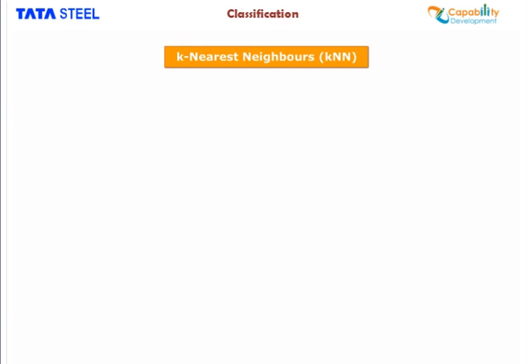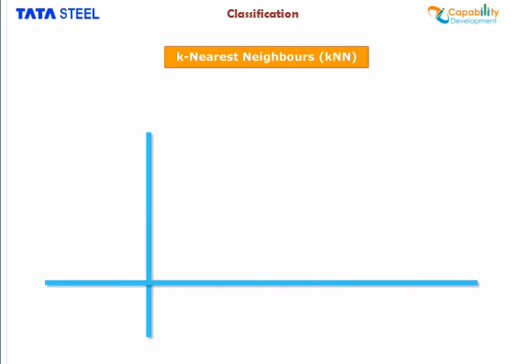Take a simple case of a two-attribute dataset to understand this algorithm. There is a spread of red circles RC and green squares GS, which are two output classes on these two attributes. You need to identify the class of the blue star BS. BS can either be RC or GS or not belong to either of these. The K in KNN algorithm is the number of nearest neighbors whose vote is to be considered.